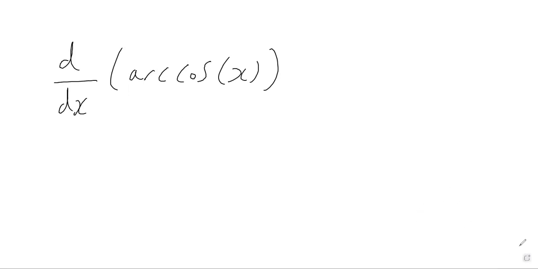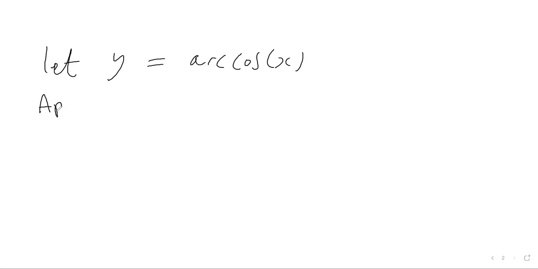So what we can do, with a similar technique to when we differentiated the natural log and arcsine, is let y equal arccos x. Then we apply the cos function to both sides.